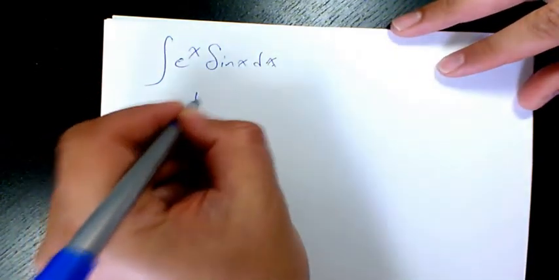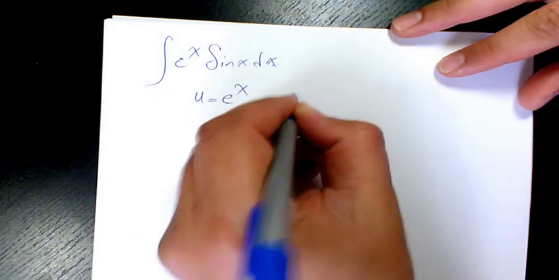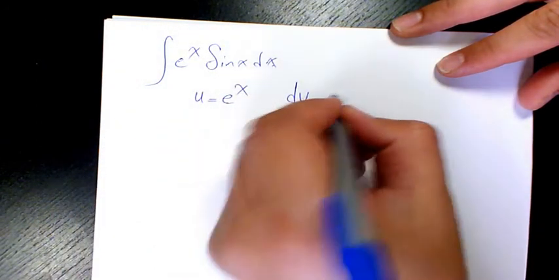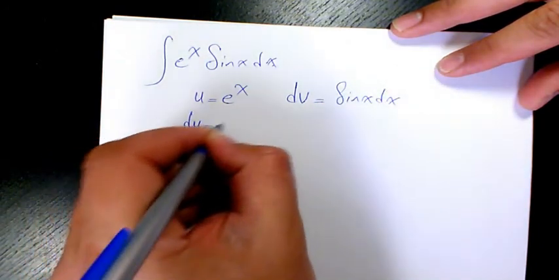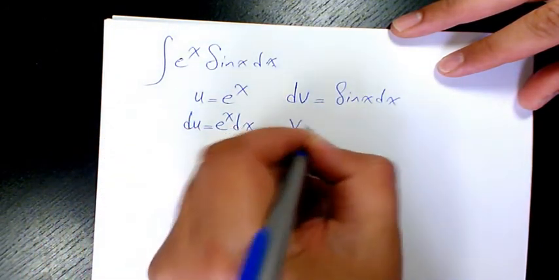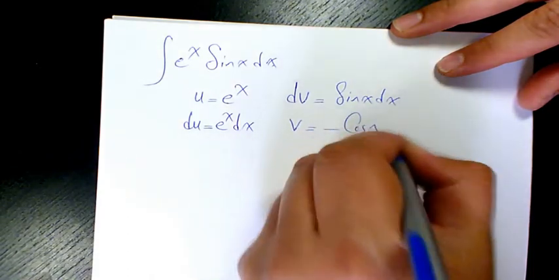Next example, I'm going to have e to the power of x sine x dx. I'm going to have u as e to the power of x and dv sine x dx. So du is going to be e to the power of x dx. V is going to be negative cosine x.